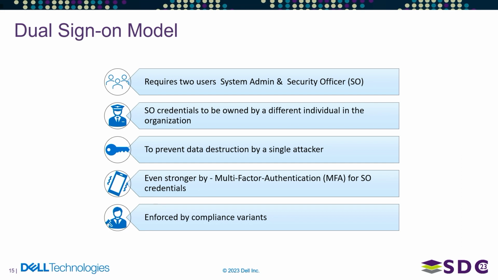So this is where, if you remember in the earlier slides, you mentioned dual sign-on, where a certain operation now requires 2 users instead of the regular administrator user, right? So 2 users means one is the system admin, whoever is already there. The new one is the security officer, right? And the requirement here is that both of them have to be 2 different individuals.